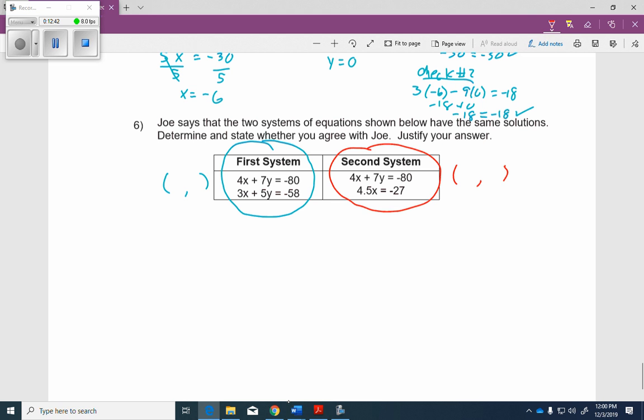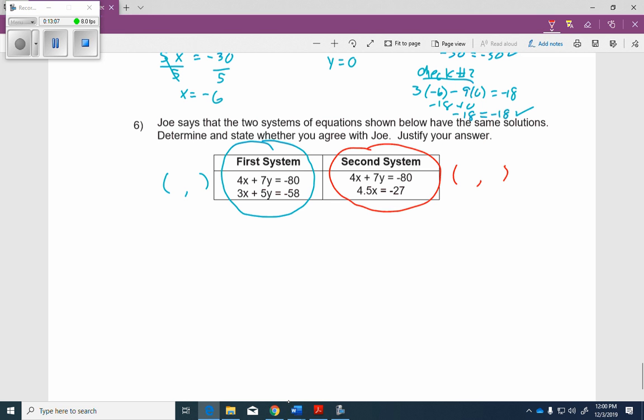So one thing that you could do is solve the first system, find the xy pair, solve the second system, find the xy pair. If they're the same, then you say, yep, they do have the same solution. Of course, there are other things that you can do, though. If he's saying that the first system has the same solution as the second system, you might want to solve the second system and then just check those answers in the first system.